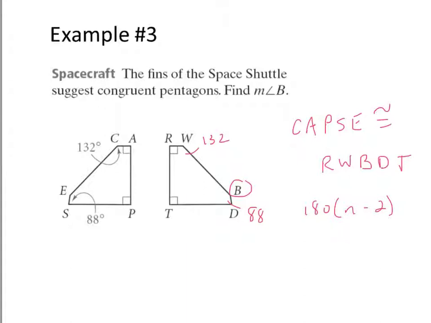So since there's 5 sides in a pentagon, the total for the sum of all the angles in my pentagon is going to be 540. So once I know 540, I can add up the 4 that I already know and subtract those 4 from 540, and that'll give me my angle B that I'm looking for.